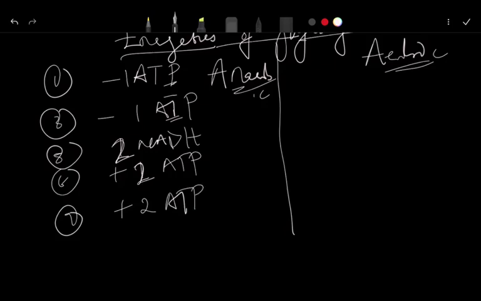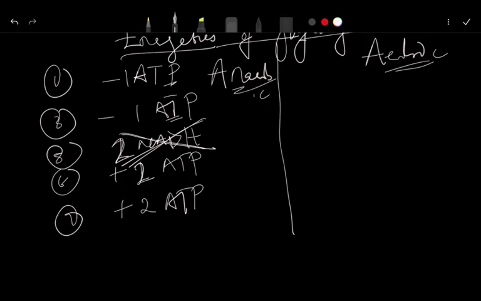Now since this case is anaerobic glycolysis, we are not going to use the NADH to get any energy, since we are going to use it to convert pyruvate to lactate.